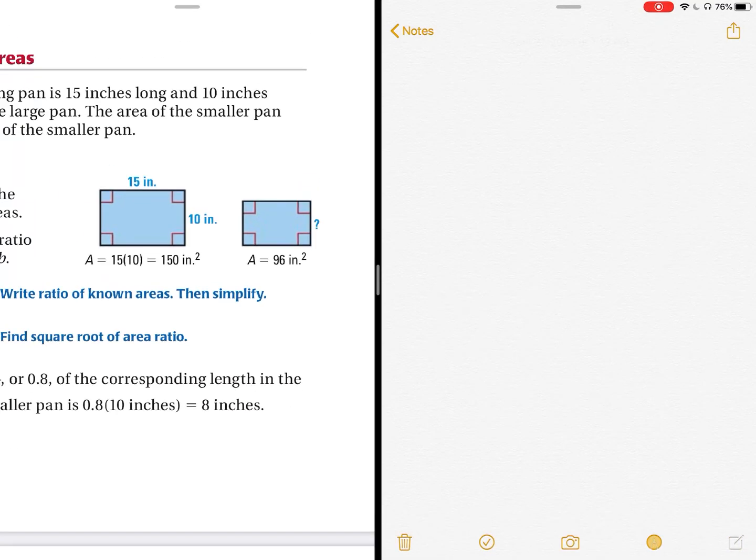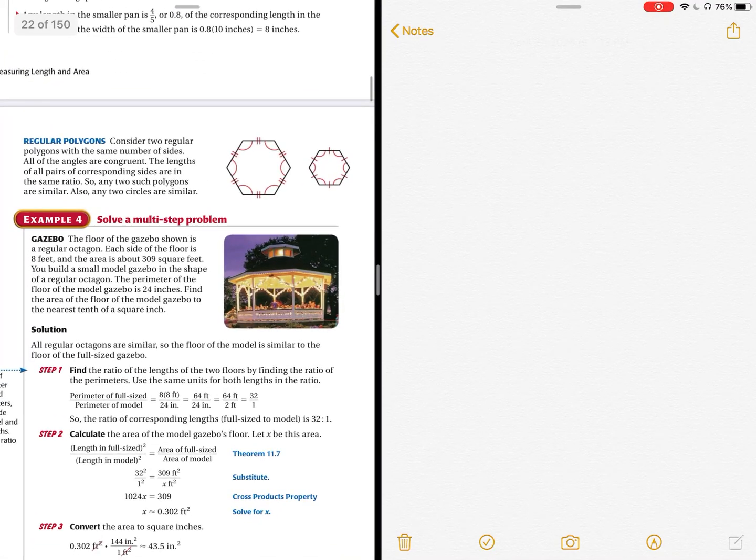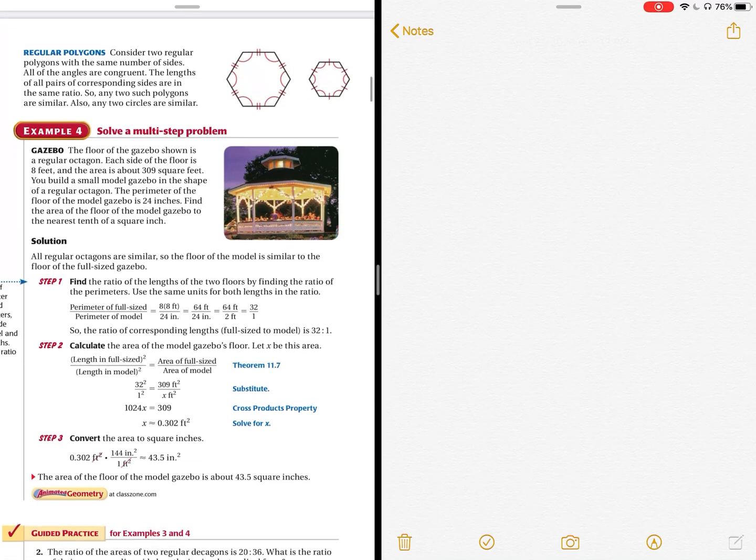Okay, let's take a look at one final one. So I should have probably gone over this in the last video, but I forgot. In the book, there's this little paragraph at the top of this page on regular polygons, and it basically says any two regular polygons of the same type are always going to be similar. So if you have two regular pentagons, they'll be similar. Two regular triangles will be similar.